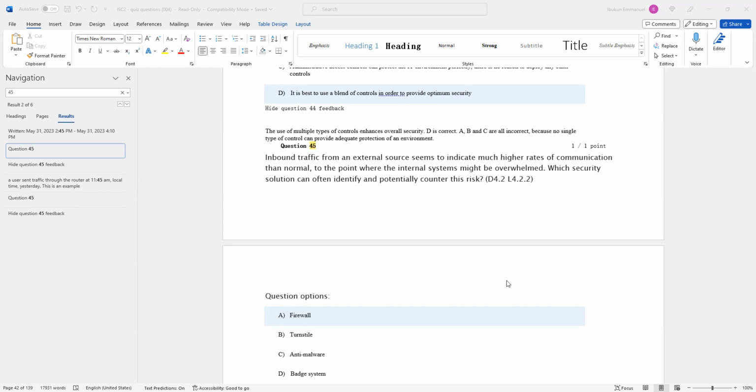So a firewall you can use to block outbound traffic, and you can also use it to identify traffic coming in to a particular port. You can also use it to block traffic coming in via a particular port.